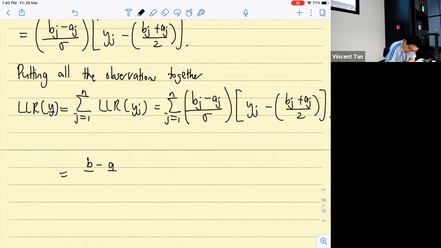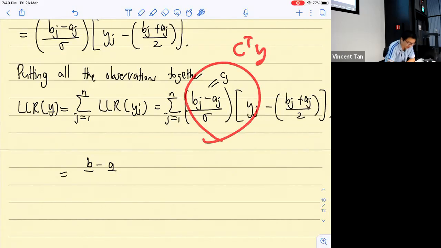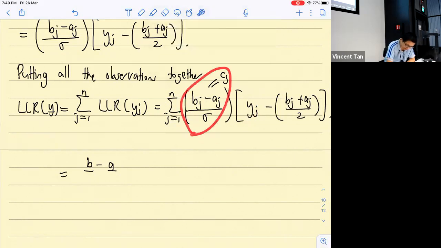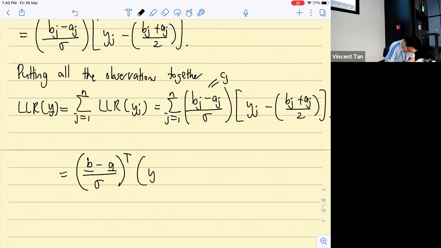You see that if I treat this as Cj, then what I have is actually C transpose Y. You have a sum of Cj Yj, which is nothing but C transpose Y. So we can write this as B minus A over sigma squared, transpose, Y minus B plus A over 2.